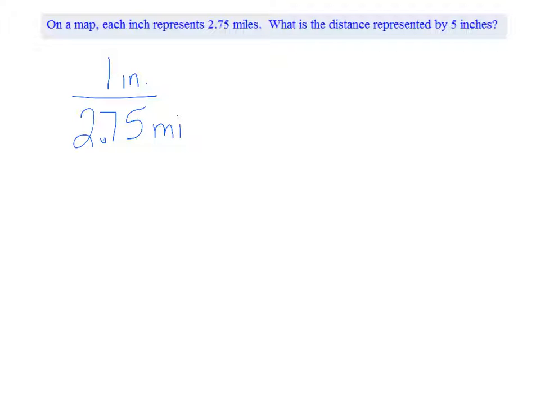Now that ratio is always going to stay consistent, so I set it up as a proportion when it asks me what is the distance represented by 5 inches. So since inches are on top, and that's the map over the real distance, I have to decide where to put this 5 inches. And since that is a map distance, I'm going to write it on top so that it matches up. And my unknown is down here, the real life distance.